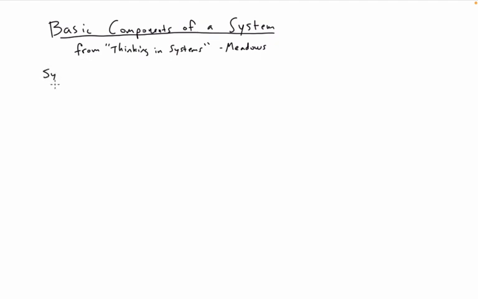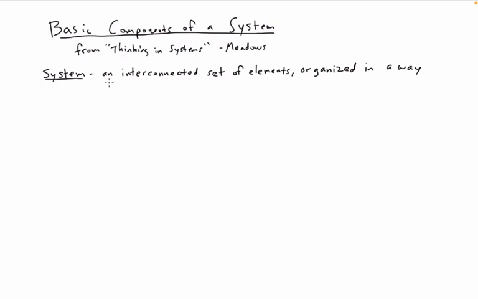So a system, let's define a system first. A system is an interconnected set of elements that are organized in a way that achieves something.